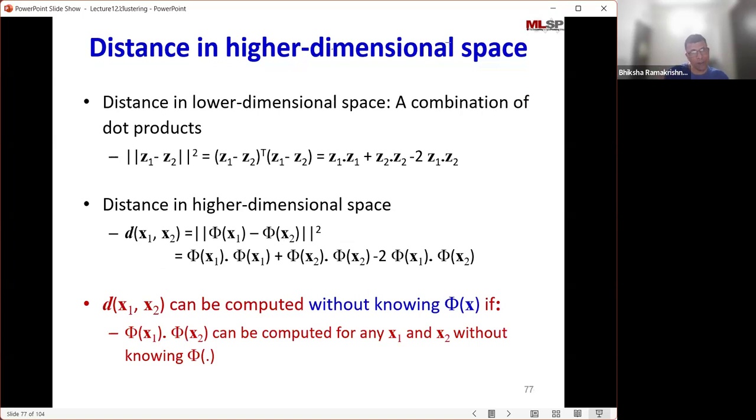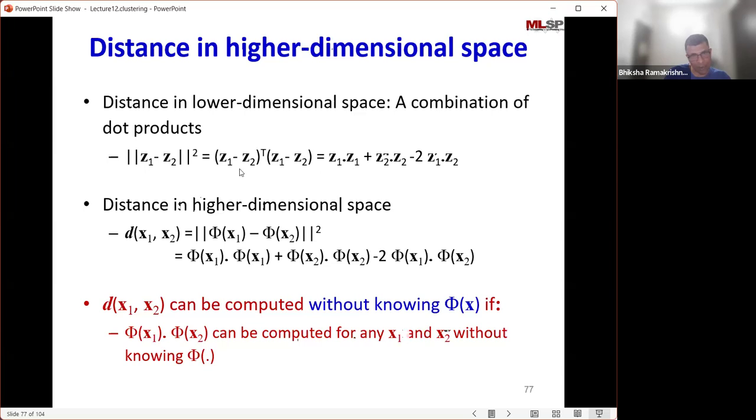To do this, I need to know the nature of functions d(x1, x2) that guarantee that this function is actually computing a distance in a higher dimensional space. Now, to see what kind of function that should be, let's look at what the distance in the higher dimensional space is. That is the squared norm of z1 minus z2, which is to say (z1 minus z2) transpose (z1 minus z2).